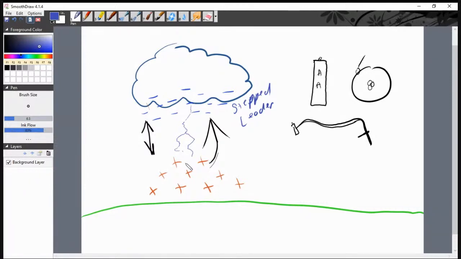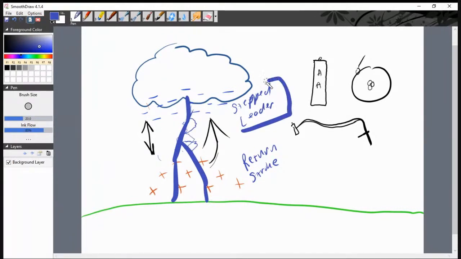Within a fraction of a second, this stepped leader starts to jerkily go down, and from the ground comes what's called a return stroke, which is the response. It's that lightning strike. It's what you see.